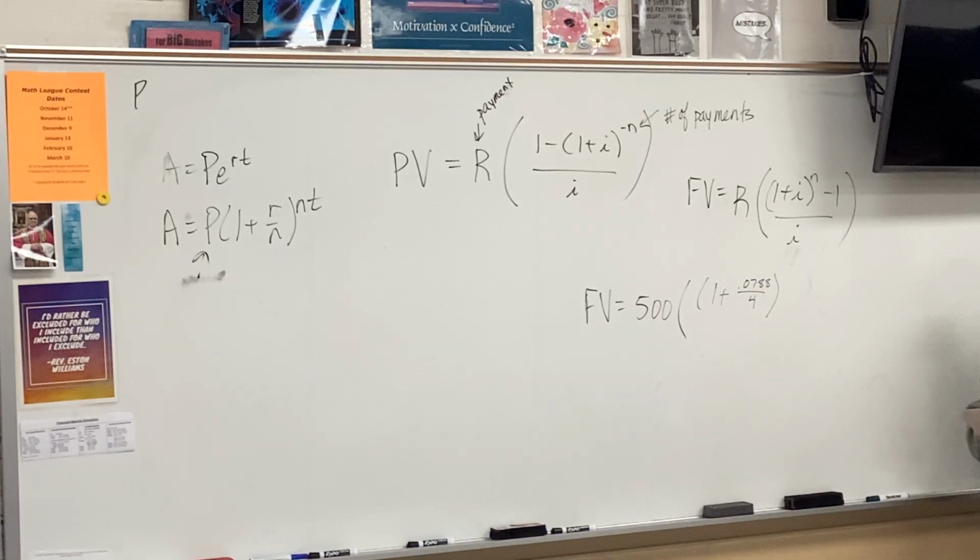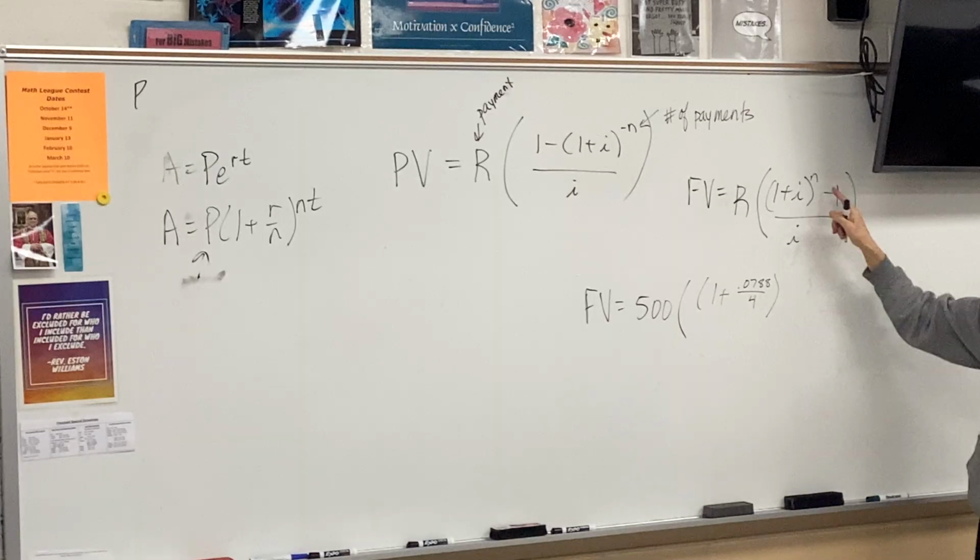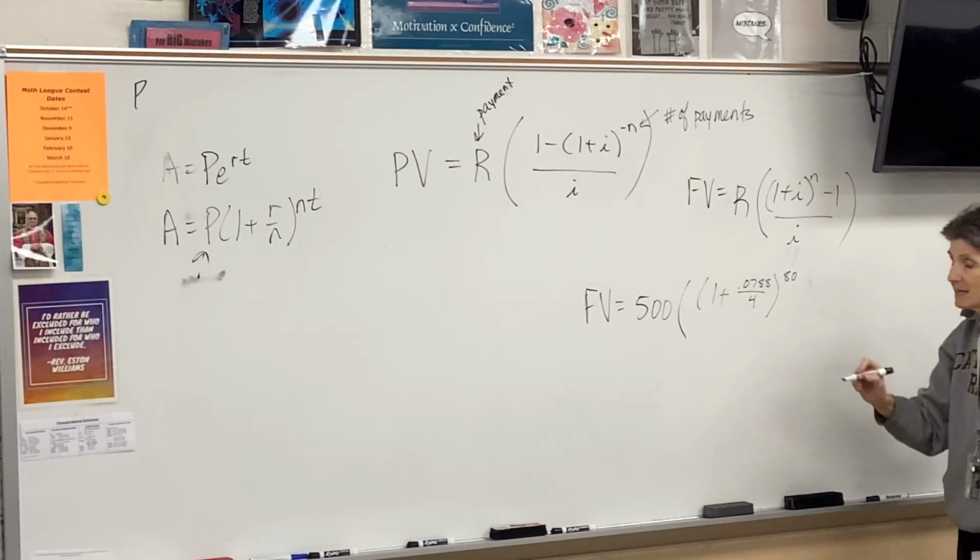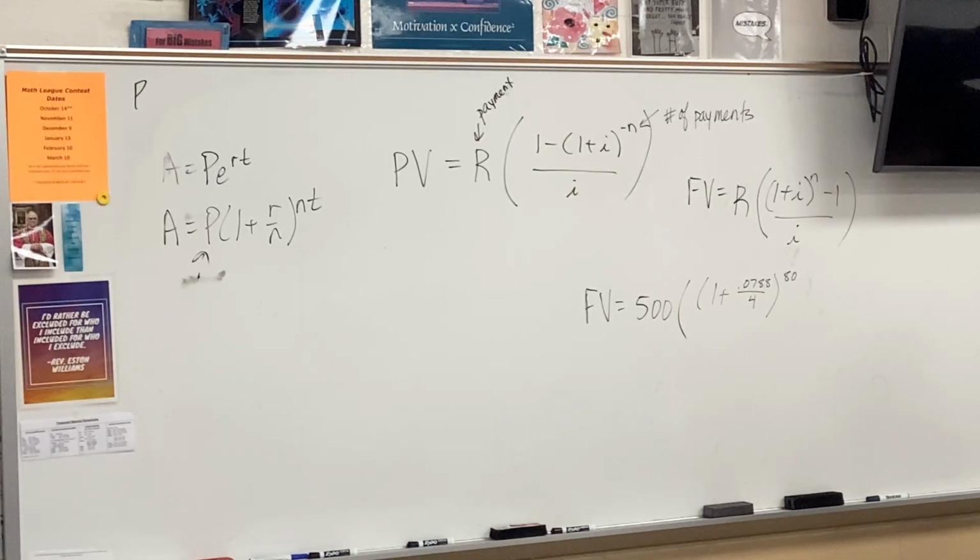So we are dividing 0.0788 by 4. This is problem number 10. Quarterly. She is going to do this 4 times a year, quarterly, for 20 years. So N is 80. N is the total number of payments made.